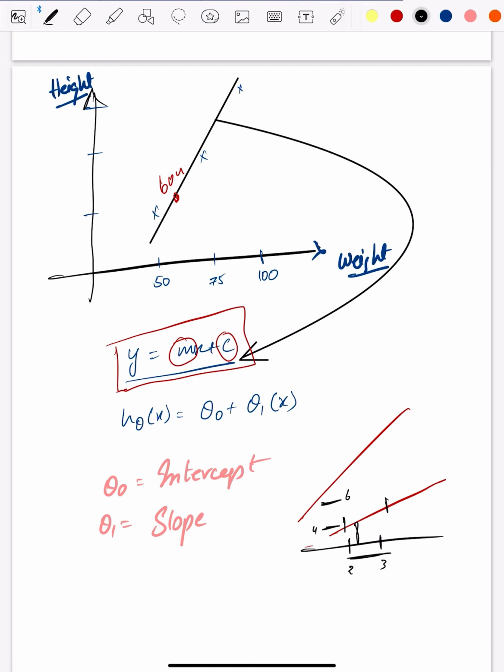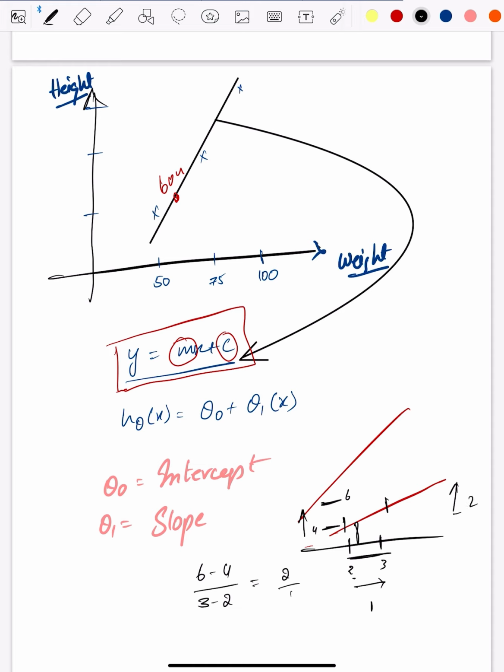So slope is the change in y for a 1 unit change in x. To do the math, 6 minus 4 divided by 3 minus 2 gives us the slope, 2 by 1. So if we change x by 1 point, then y is gonna change by 2 points.